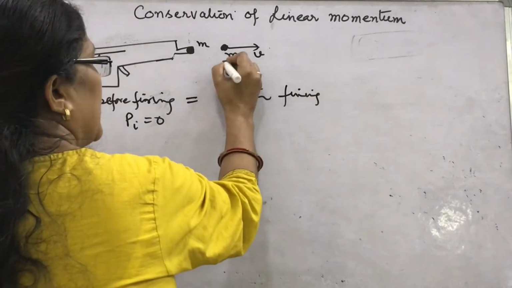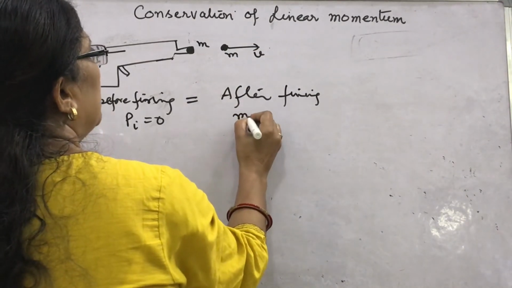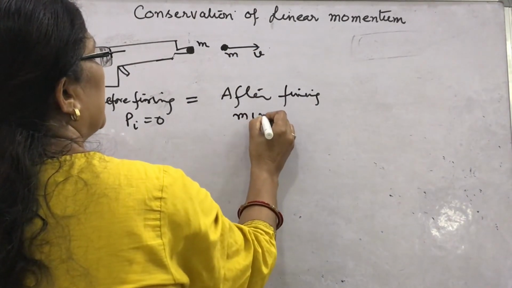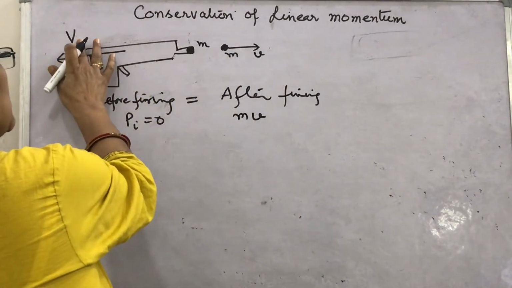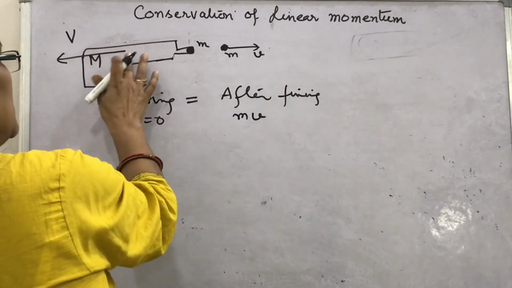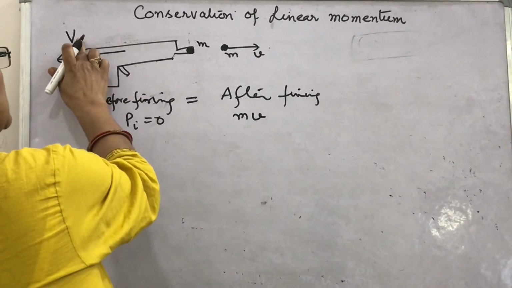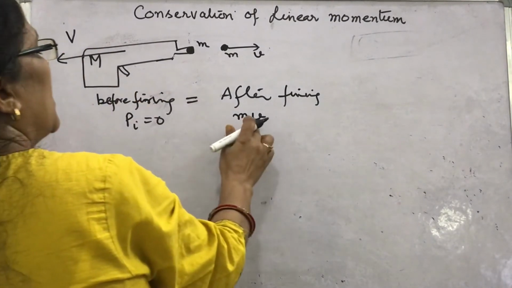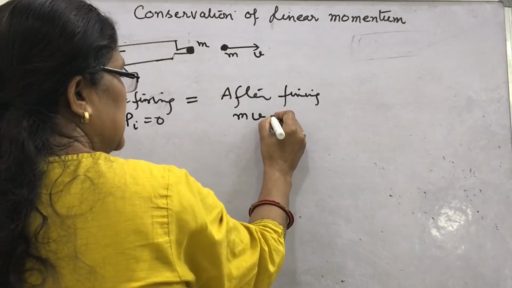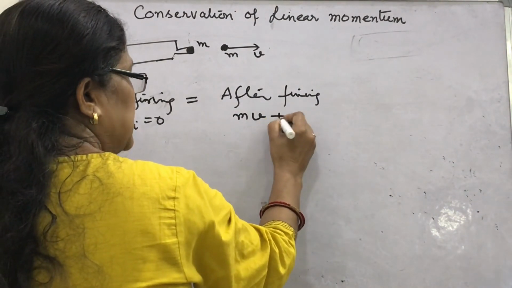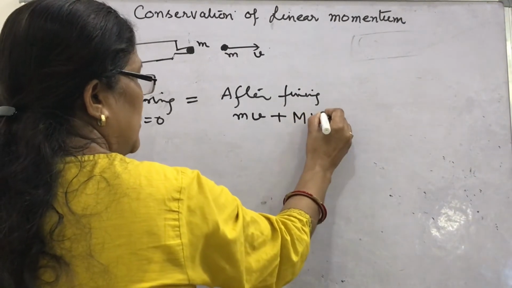Then after firing, whatever is the velocity of bullet is v, you will write mv in this positive x direction. What will you write for the gun? This is the mass m and this is the velocity v. Then after firing, the net momentum is plus m into v.